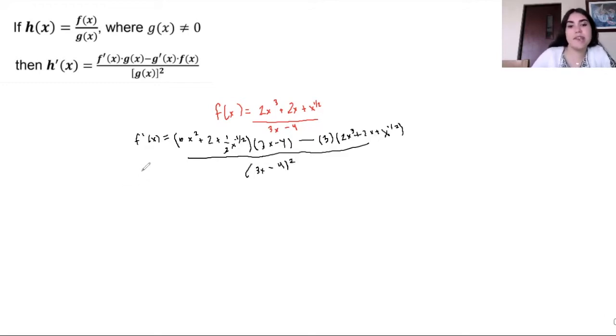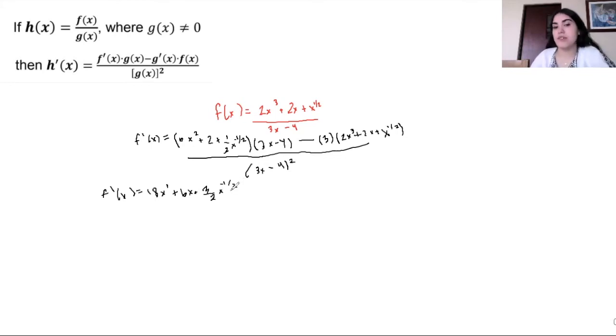Okay, so now we will be multiplying all these factors or functions. The derivative of f(x) equals 6x squared times 3x, 18x cubed, and then 2 times 3x, 6x, and then 1/2 x to the negative half power times 3x is equal to 3/2 x to the half.